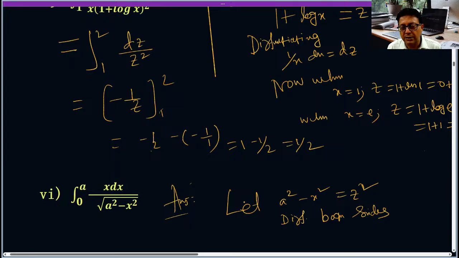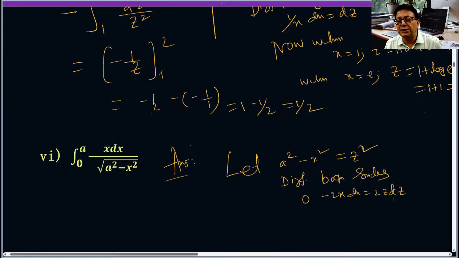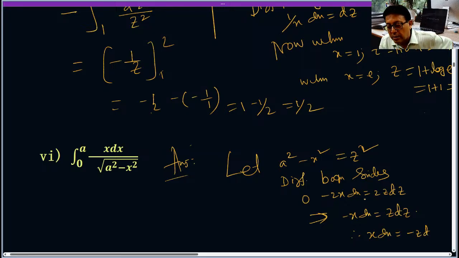Differentiating both sides: minus 2x dx equal to 2z dz. So minus x dx equal to z dz. So put it there.